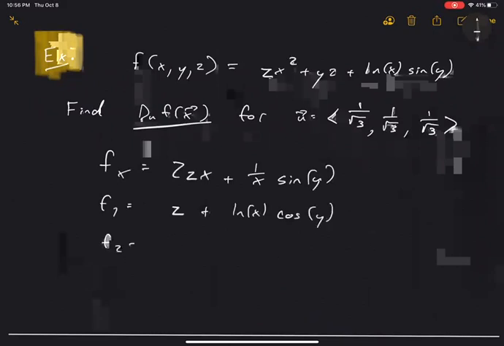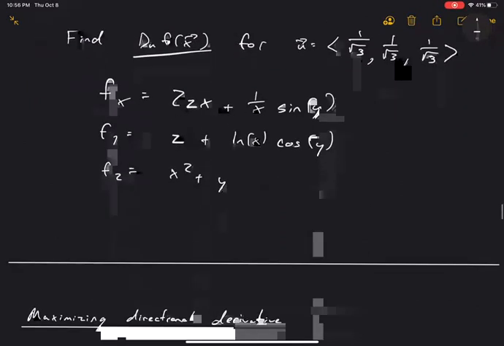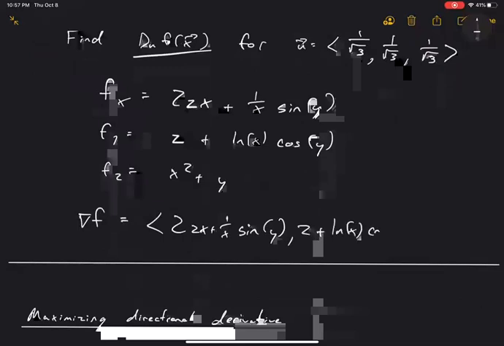And f sub z is x squared plus y. That's it. So I know my partial derivatives. That means my gradient of f is equal to this vector: 2zx plus 1 over x sine y, z plus ln of x cosine y, x squared plus y. So that's my del f.